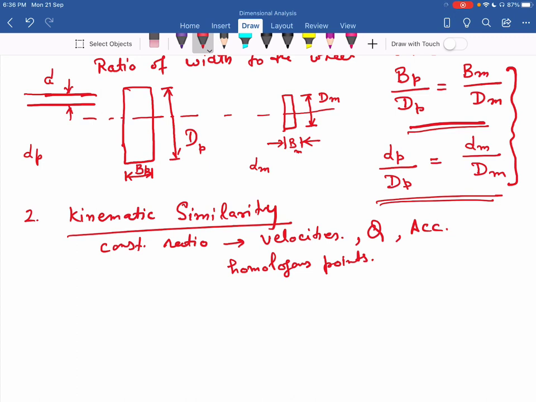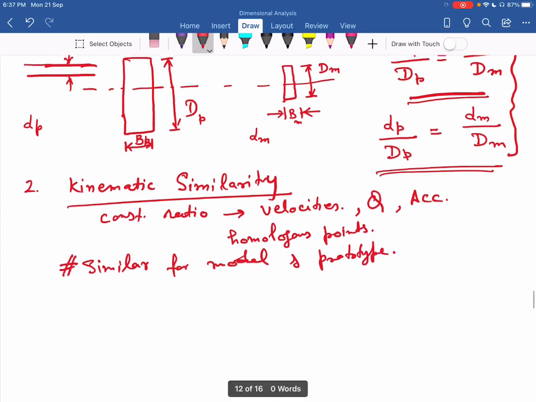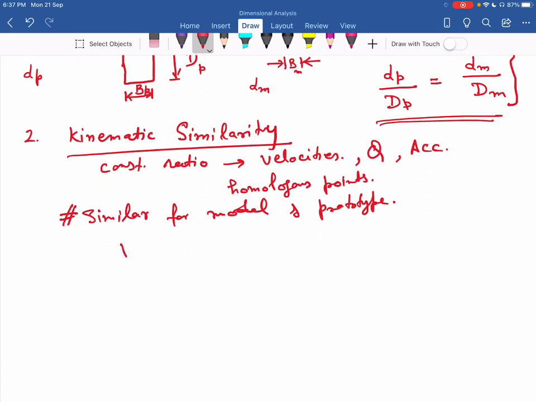The velocity triangles are similar for model and prototype. So the ratios for velocities we can write as V upon U. The meanings become much clearer when you study turbines and pumps. Here you can simply write V upon U for model is equal to V upon U for prototype.